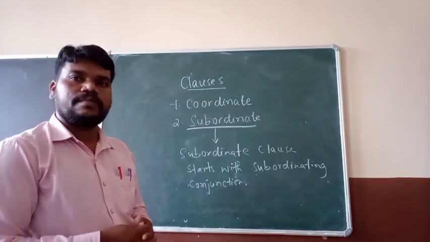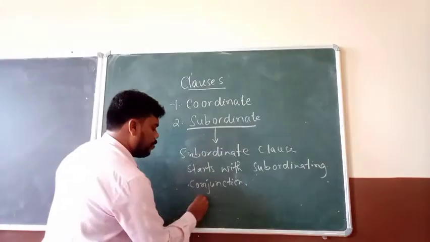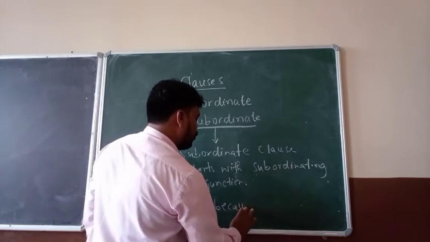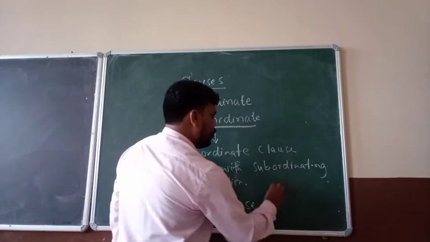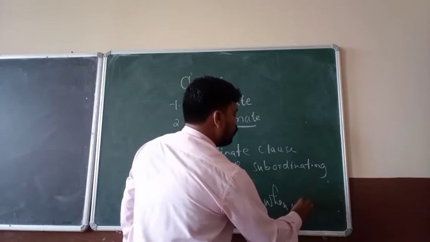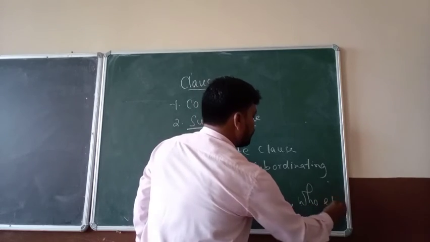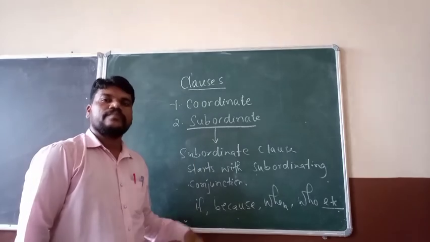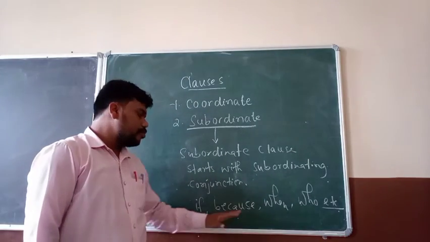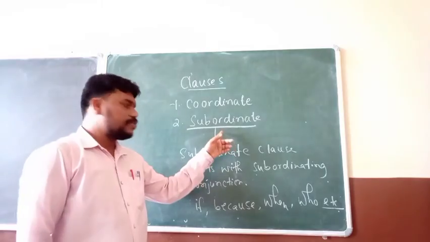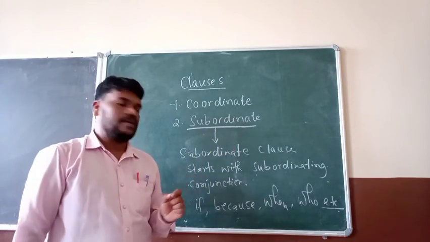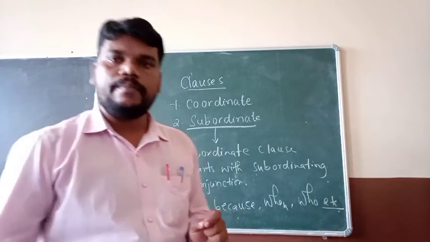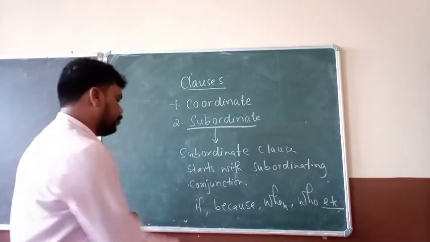The examples of subordinating conjunction: if, because, when, who, etc. So all these are known as subordinating conjunction. Using this we will make our subordinate clause, and we will see whether they are understandable or not, whether they make complete sense or not.